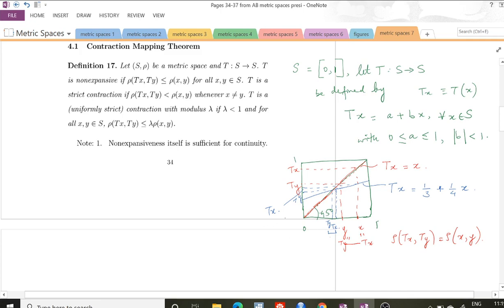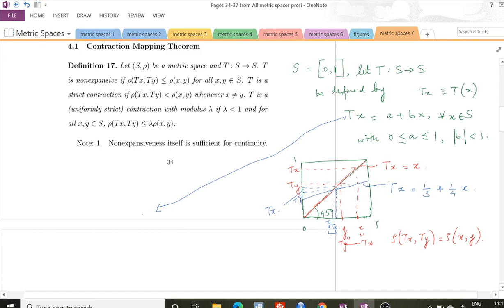So the blue example is a special case of a Tx defined by a plus bx, where in absolute value b is less than 1.